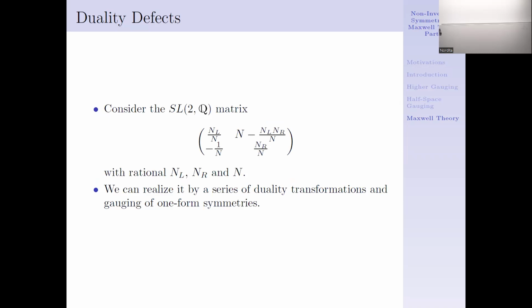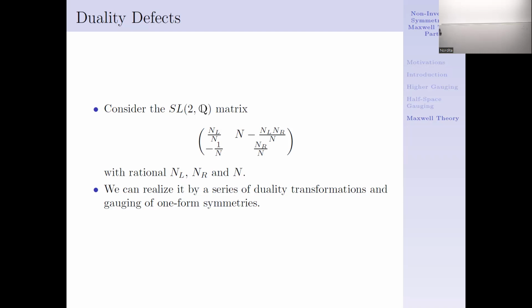So let's consider a two-dimensional SL2Q matrix given here, where all these numbers NL, NR, and L are rational numbers. We're going to consider this matrix acting on the complex coupling tau, and I'm going to argue that the action of this matrix on tau can be realized as a series of duality transformations and gaugings of the one-form symmetry.